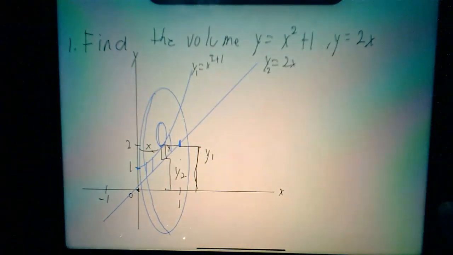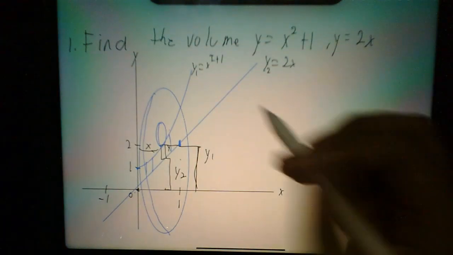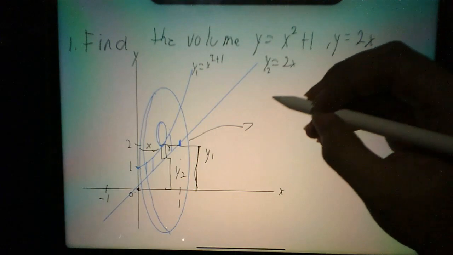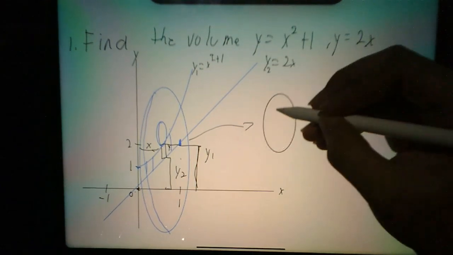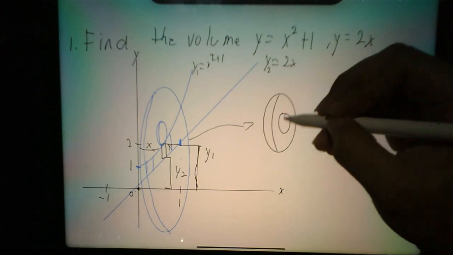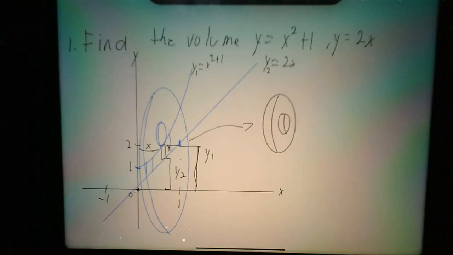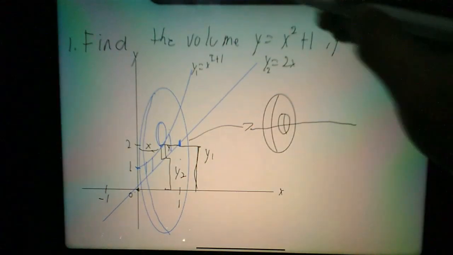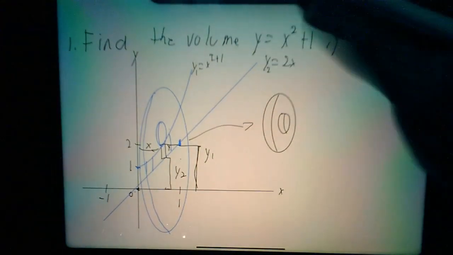The washer method has a hole in the middle, so let's put it out here. This will become this and this. So by inspection, this is our area of rotation.